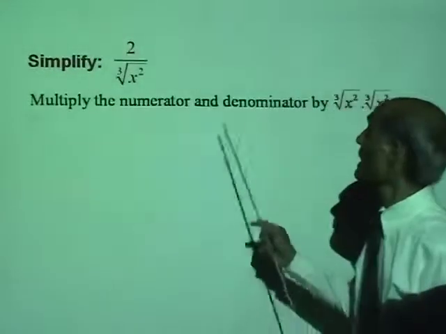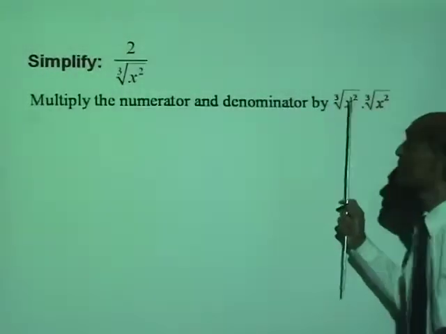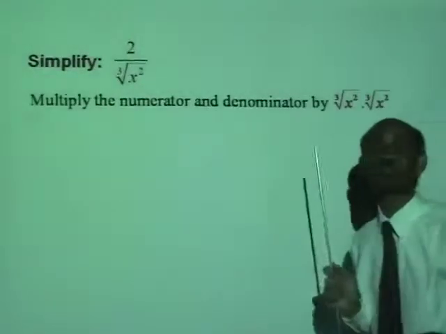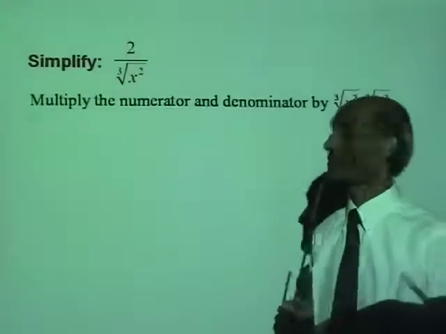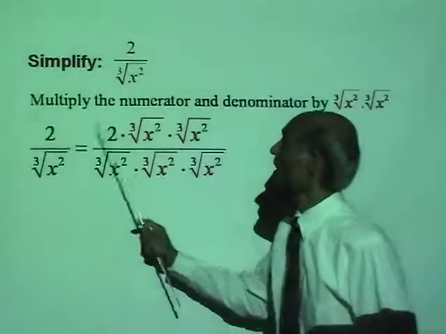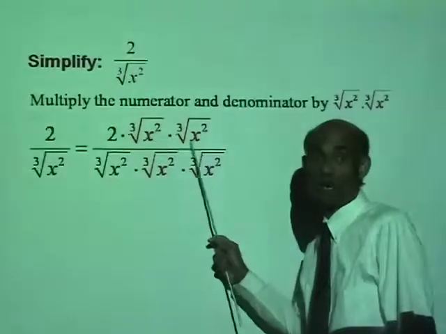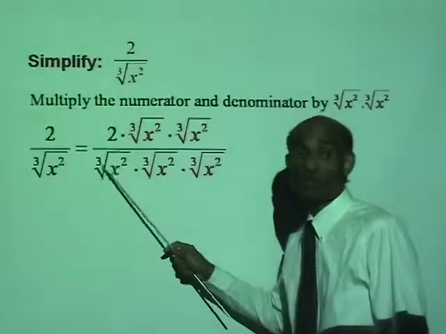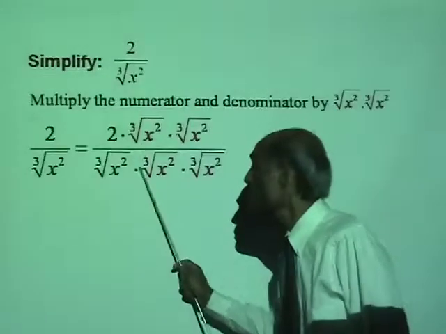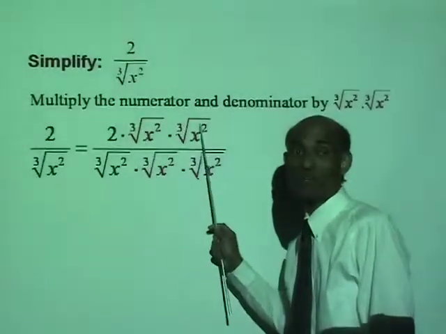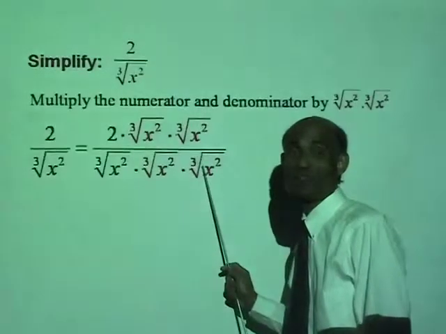Alright, multiply the numerator and denominator by cube root x squared times cube root x squared. Okay, so that is 2 times cube root x squared times cube root x squared over cube root x squared times cube root x squared times cube root x squared. We multiplied it on the numerator, multiplied it on the denominator.